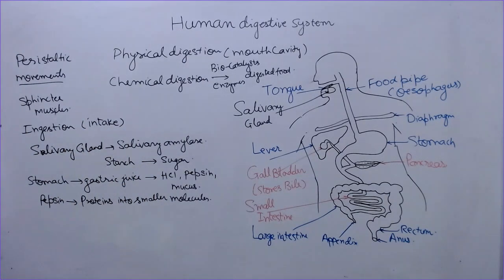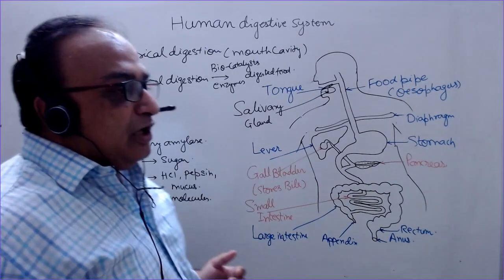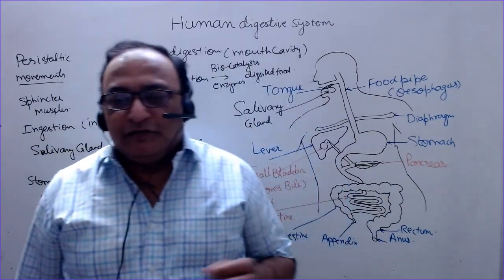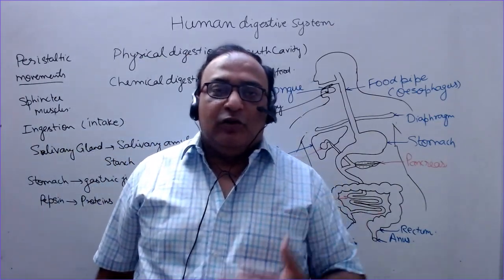Grass is a cellulose material. So herbivorous animals like cows, which eat grass, need a longer small intestine. What is the purpose of this? Because its digestion takes time. Cellulose food contains mainly carbohydrates, so the digestion of that takes time. So they have a longer small intestine.